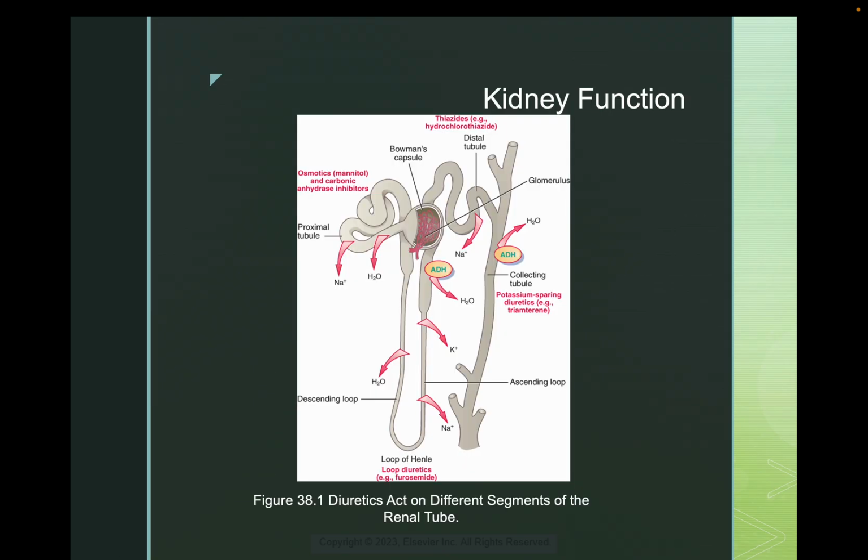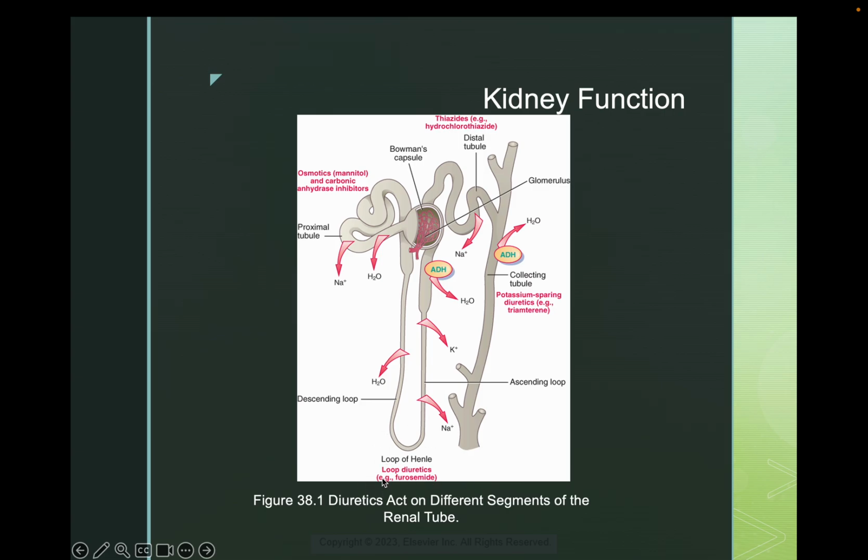So this is a little graphic of our kidneys. When we talk about where that diuretic is working, we're talking about the different areas where it could potentially be working. So if we say it's working on the loop of Henle, then we are referring to this portion of the kidney right here. This little infographic actually tells you what's working where.